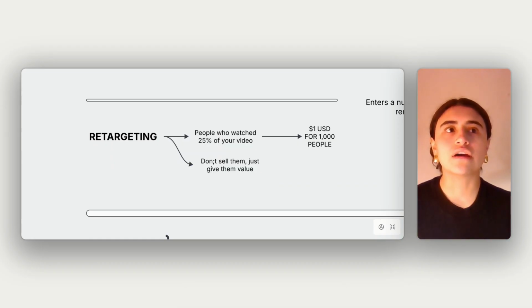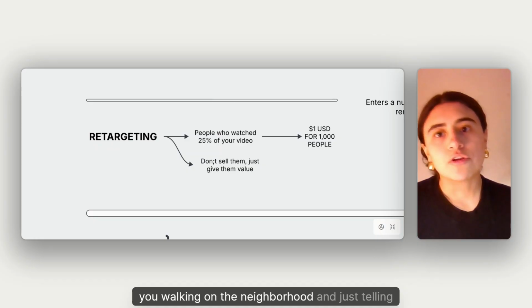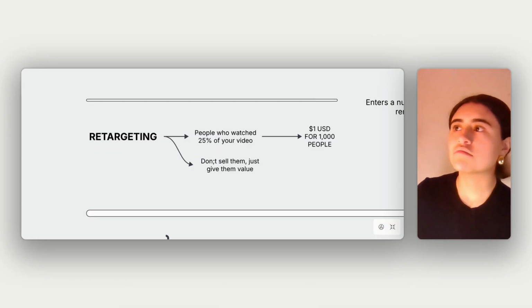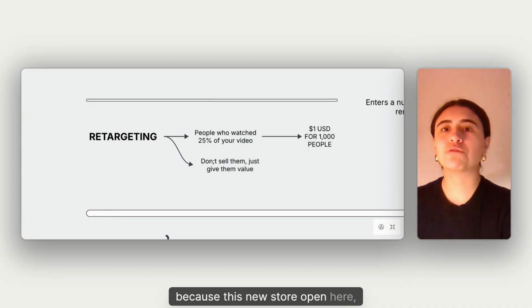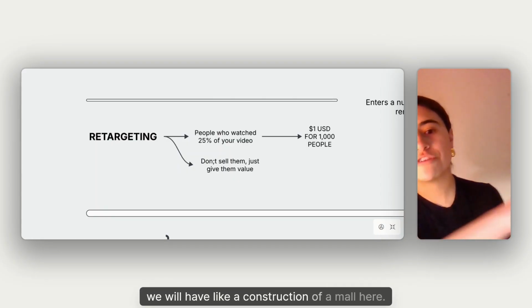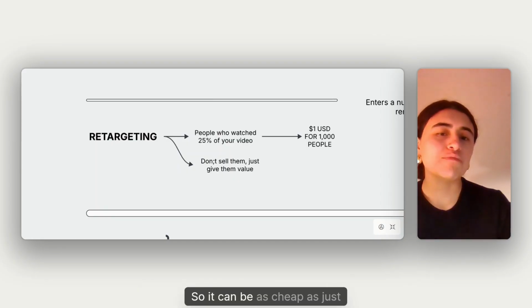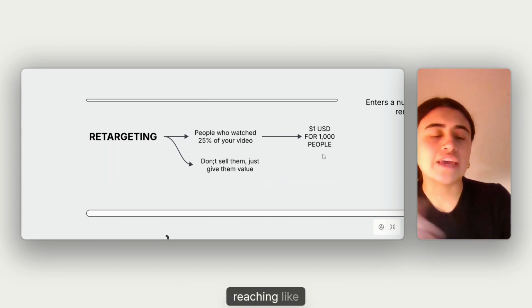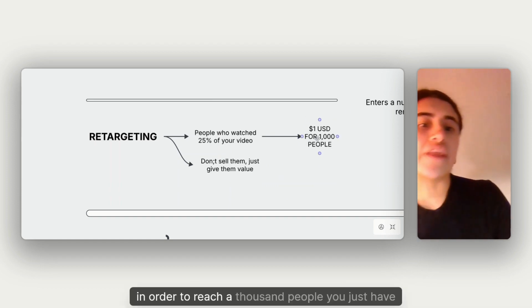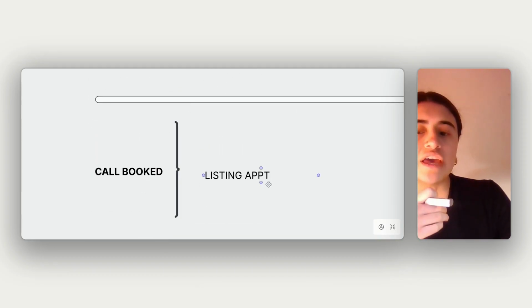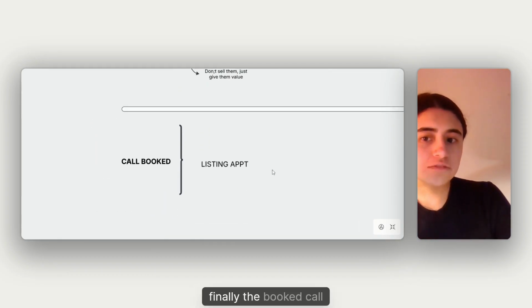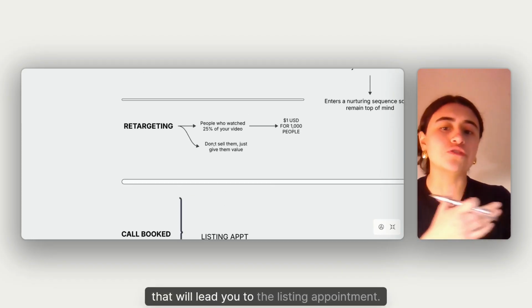It can be like you're walking around the neighborhood and telling them, look, this is why your home is more expensive now, because this new store opened here, or there will be a mall constructed here. It can be as cheap as investing just $1 to reach 1,000 people. That's really cheap. And finally, the call booking that will lead you to the listing appointment.